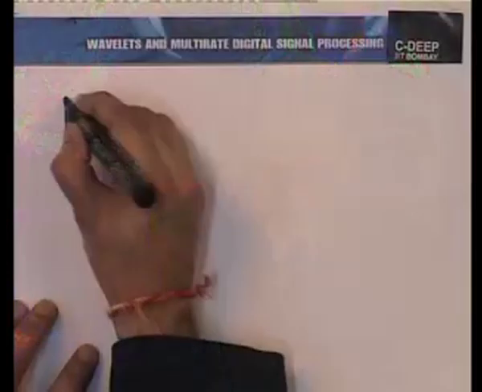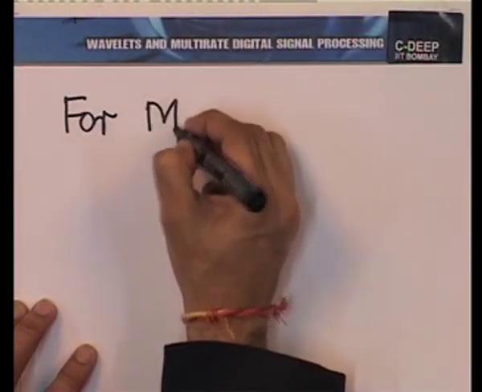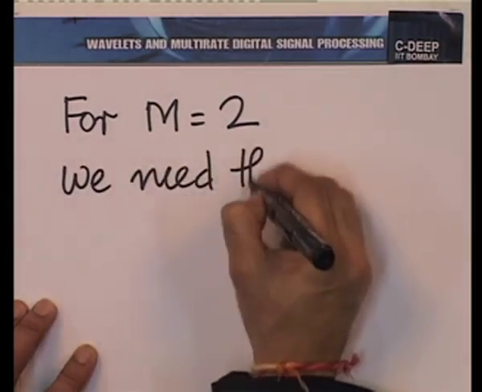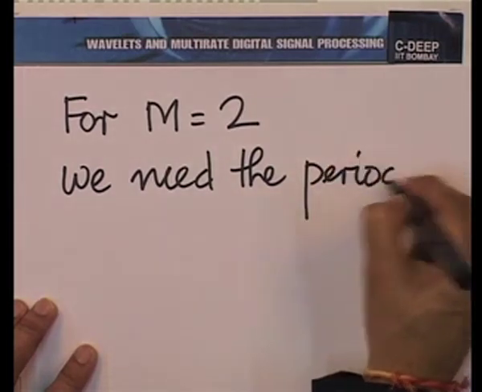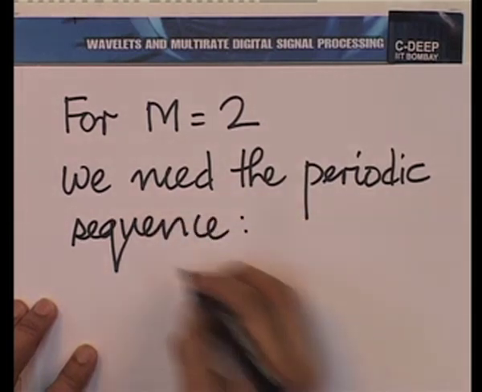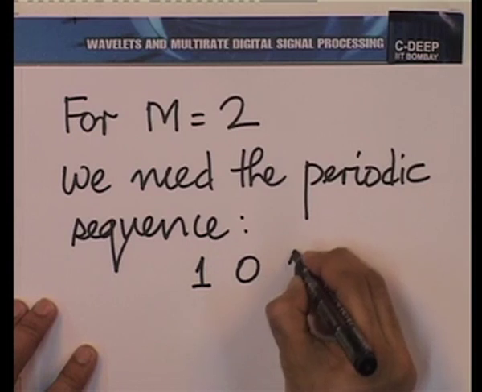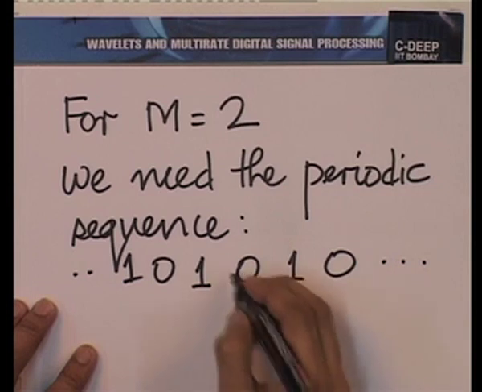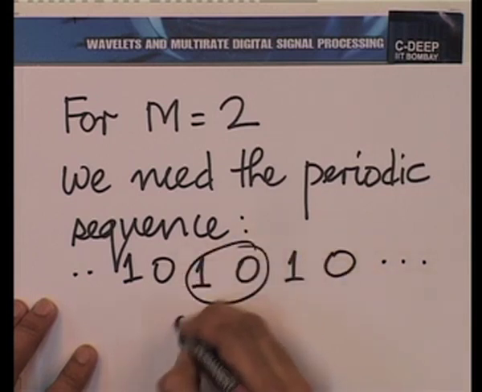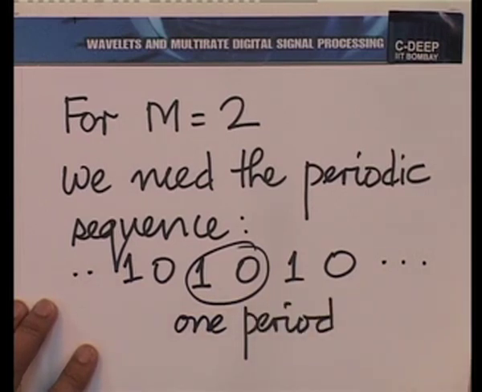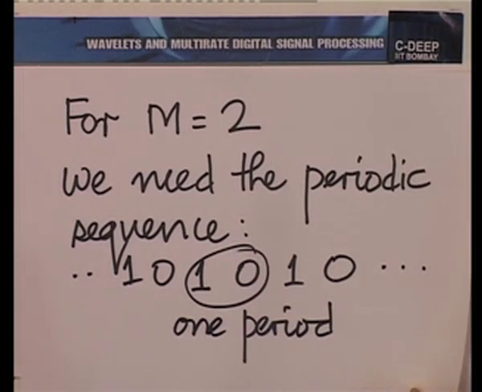There it is easy. We need the periodic sequence, well, 1 0 1 0 and so on, and so forth, and we exploit just one period here. And we construct the discrete Fourier transform of this.